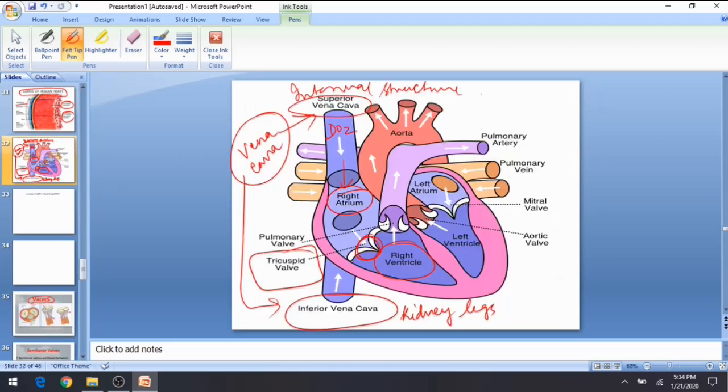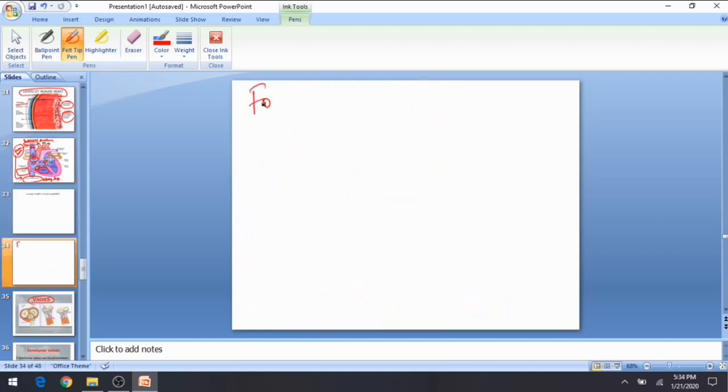As you can see in this diagram, there are 4 valves that play an important role in movement of blood within the heart. They guard the movement of blood and are responsible for valuable circulation.